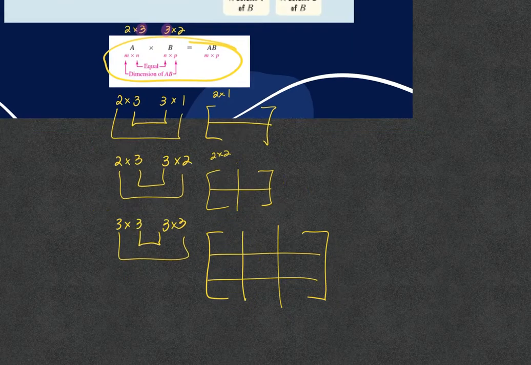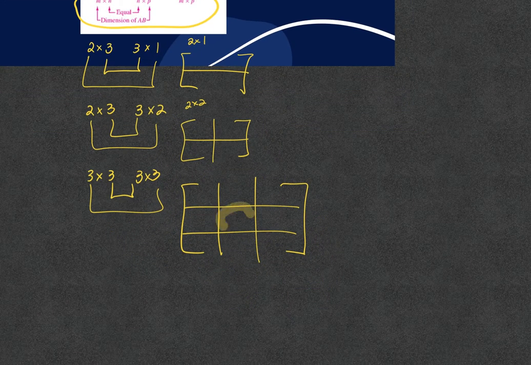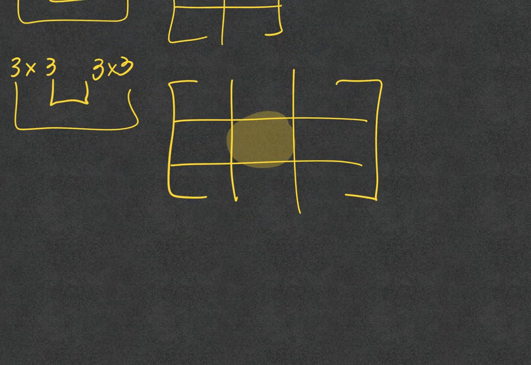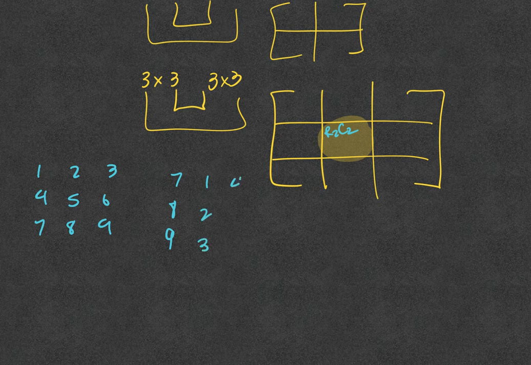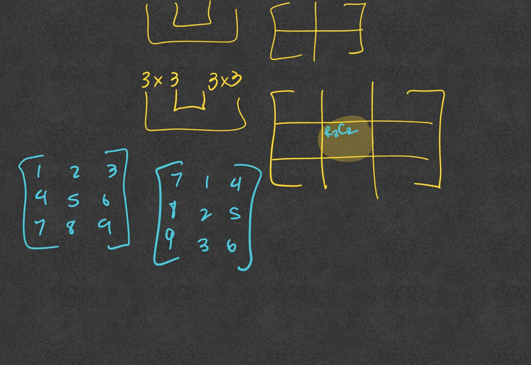So if I were just to randomly say, I want to fill this spot right there, what's the name of that spot? Row 2, column 2. So if I had 1, 2, 3, 4, 5, 6, and then 7, 8, 9, and 1, 2, 3, 4, 5, 6. Let's say I'm multiplying these and I'm keeping them all positive for now. If I just wanted to fill that individual cell, I would go row 2, column 2.